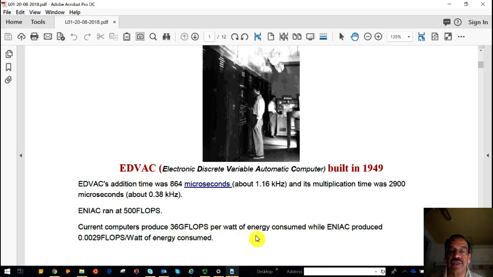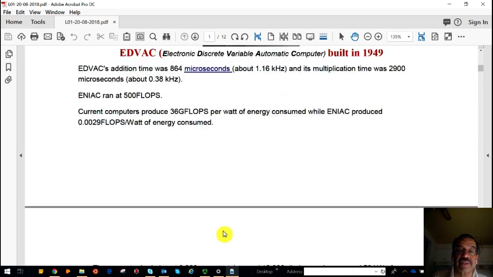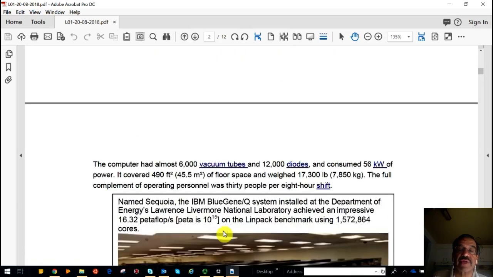Okay, so that's a measure that people use. So it consumes an enormous amount of energy and does very little calculation, whereas today computers will produce an enormous amount of calculations with just a battery, for example. Energy consumption is very low, 2 watts, 3 watts, etc.